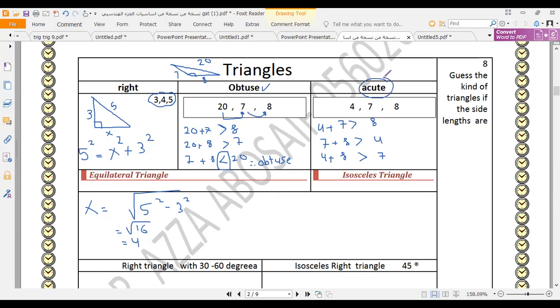So this is the way I know if this triangle is acute or obtuse or right, as he will give you only the measures of the sides. He will not give you the figure of the triangle. And this is the way of using the inequality theorem to find the missing term in a triangle.